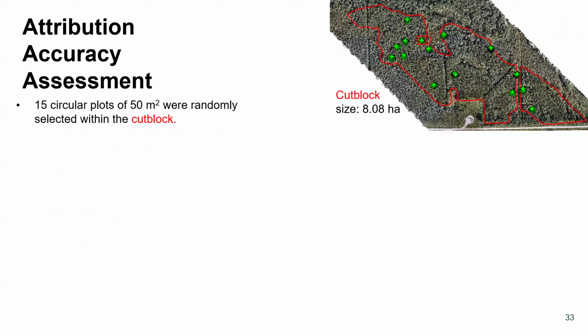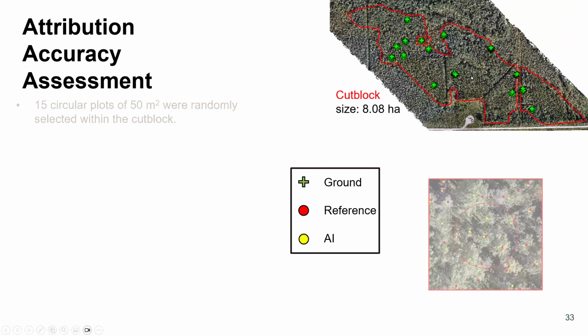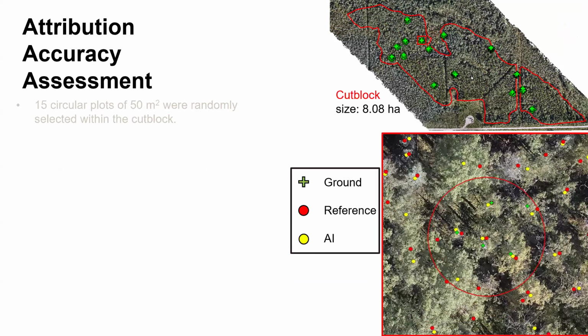For the attribution, we established 15 circular plots of 50 square meters, and we measured the trees inside. And here is an example. This plot here is this one.